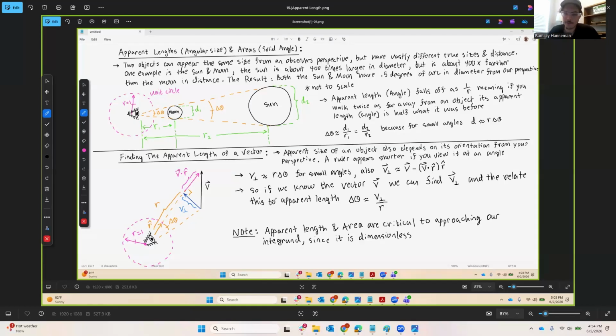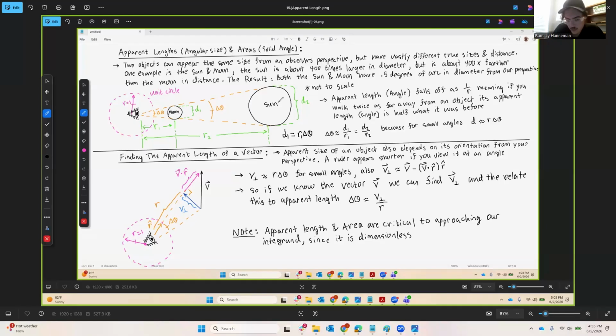So apparent length is really angle. That's what angle is. It's apparent length. How long does it appear to me to be? Not how long is it? How long does it appear to be? And for small angles, as we've already talked about, you can say that the diameter of the object is equal to the distance times the apparent length, or the angle.